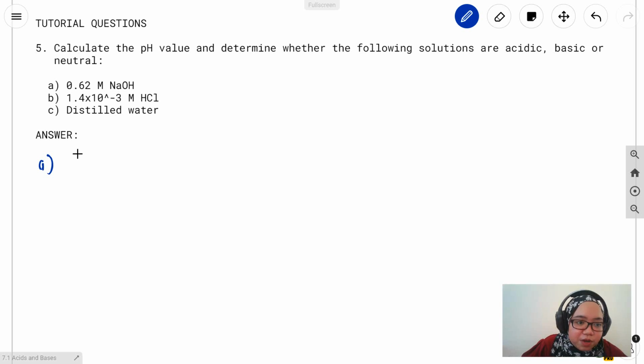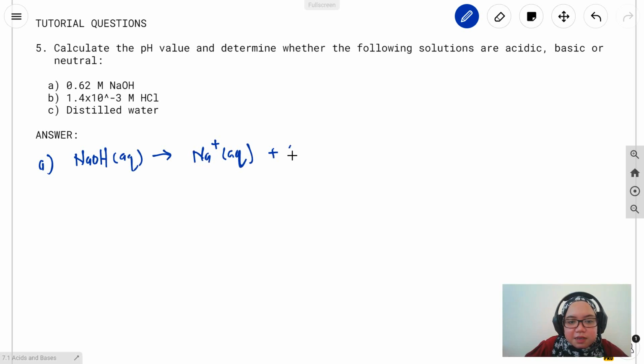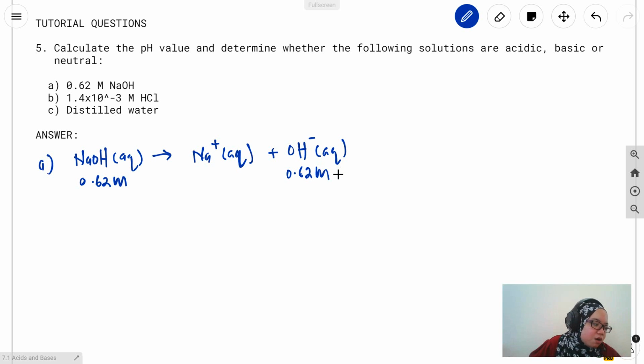Sebab apa? Kalau you buat, okay, now ni, kalau you buat macam ni, dia actually dissociated completely, betul tak? Kan betul? Sebab dia akan dapat macam ni. Okay, so actually, since this adalah 0.62 mole, since 1 mole of sodium hydroxide produces 1 mole of OH minus, so secara tak langsung ni pun adalah 0.62 molar.